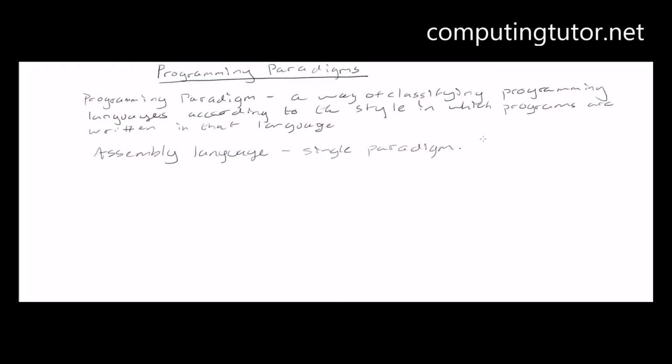It's imperative. You could also say that it's unstructured. It's kind of single paradigm in that it's imperative, but it's also unstructured, so maybe you could argue that it's multi-paradigm as well.